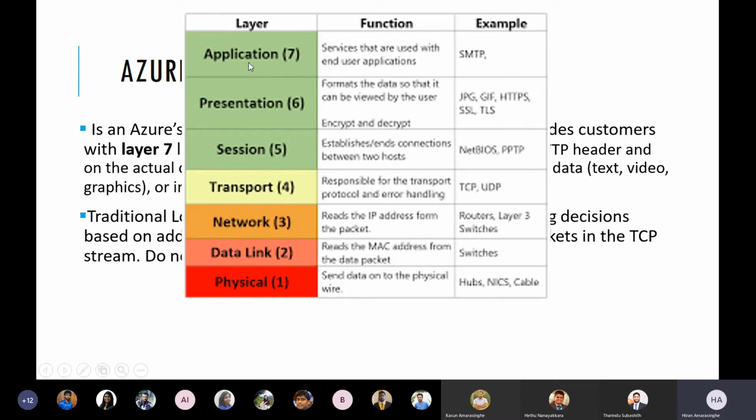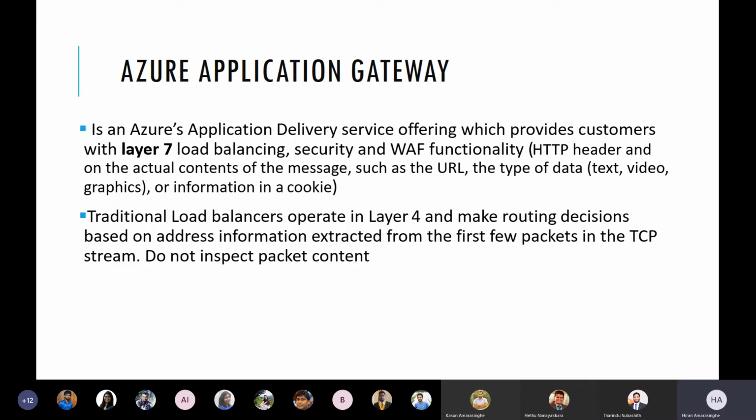This means basically you are reading the data. So it reads the URL, the message content, port number, the IP address, even the information in the cookie. So it can access a wide variety of information in order to make routing or load balancing decisions. That's the important, vital difference between an Azure Application Gateway and a traditional load balancer.